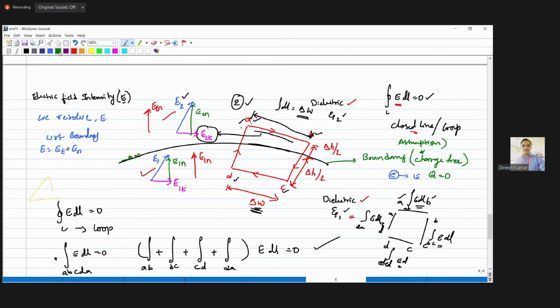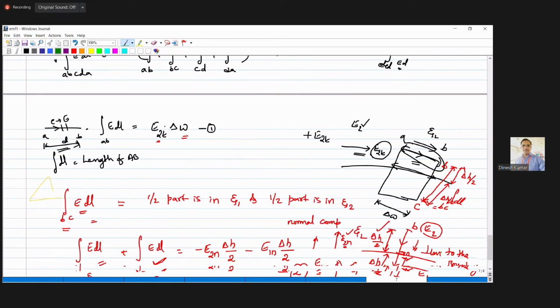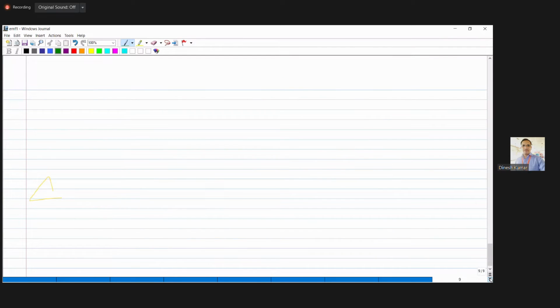The third line is CD. So here I am coming back downward. See, we are having a boundary, epsilon 2 E2, epsilon 1 E1, and the third line, which is nothing but CD, is present below the boundary.